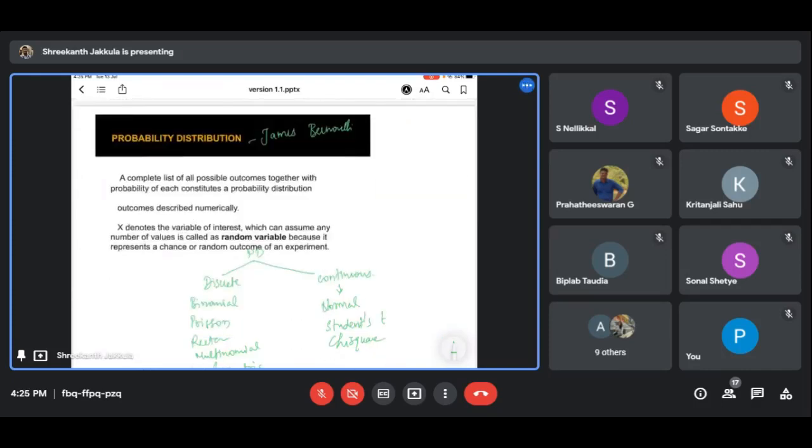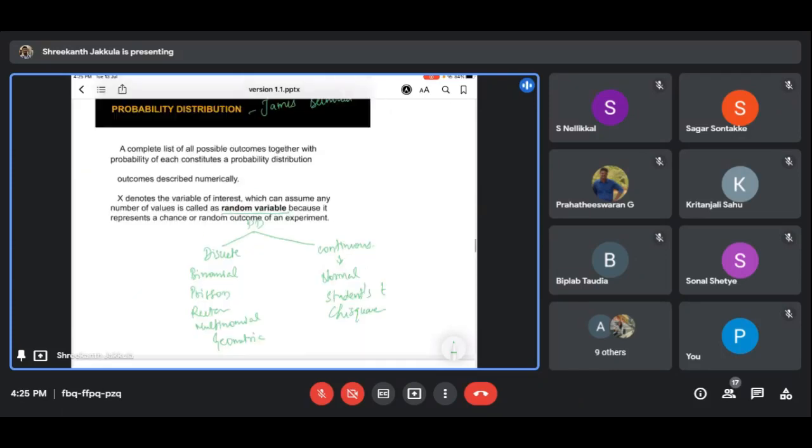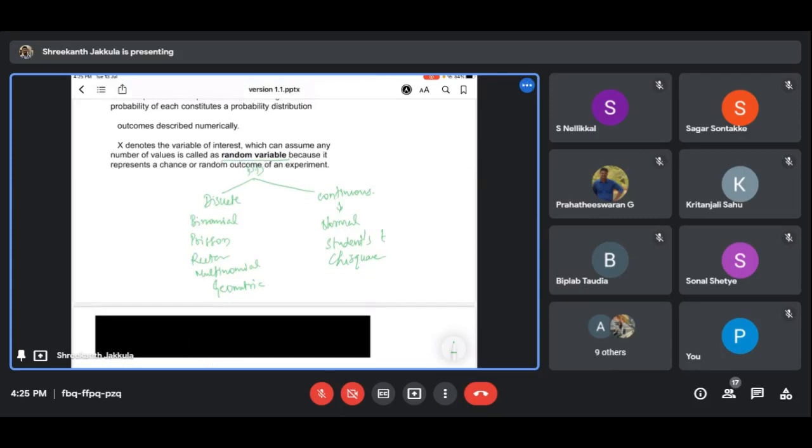That's why we make a distribution of random variables. The distribution is the list of probabilities associated with the values of a random variable obtained in an experiment. That is called probability distribution, and it is always described numerically, either by fractions or decimals or any number.